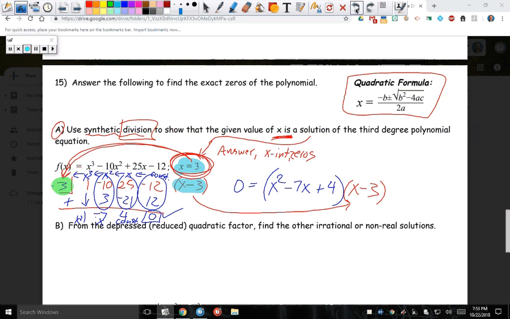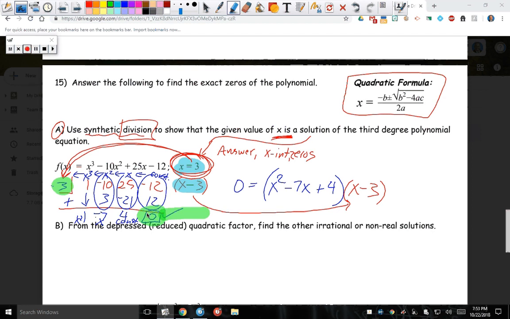Alright, so now all I have to do is factor even further, because it said using that synthetic division, show that the given x value is a solution. So that's it actually. We don't even have to go further. We showed it right here with the remainder being 0. Okay? So there, in fact, we showed it with that remainder being 0, and we'd be good to go for part A.